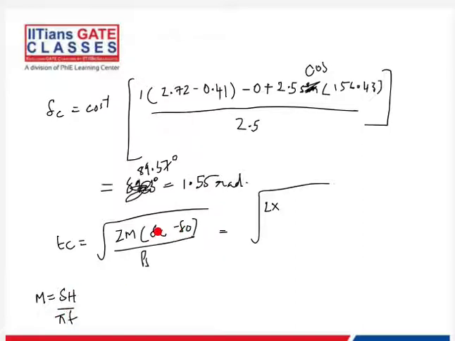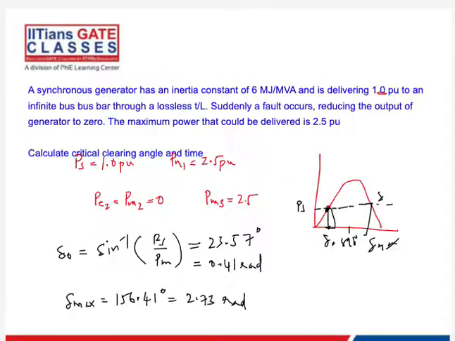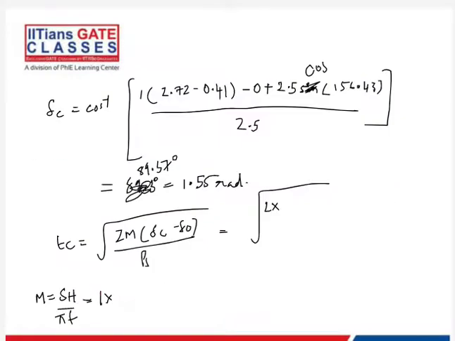If you are taking this difference as degrees, you can substitute 180f. It doesn't matter. You have to be careful about what you're doing. Right? 1 into, we'll get it as 0.038. 0.038 into, then taking as radians, I'm going for the radians value.